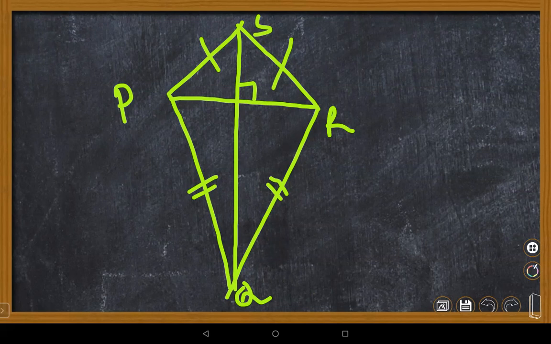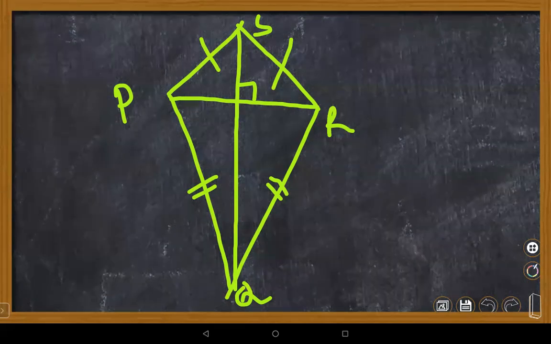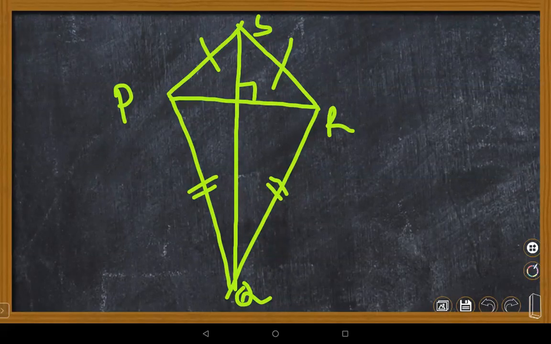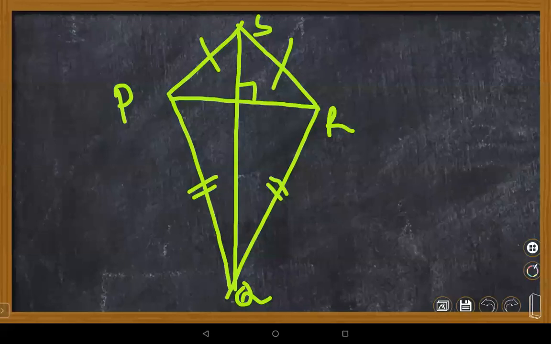Adjacent sides are equal, children. That is a major point you have to remember for kite. Adjacent sides means PS and SR, consecutive sides, side by side. And in these questions, how are they going to test? Let me take any questions on this.